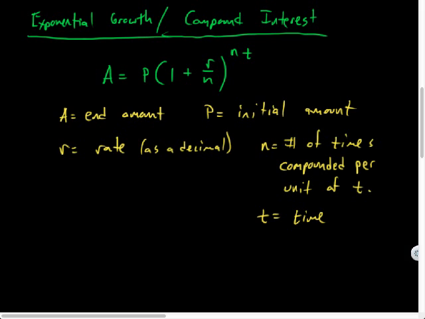So if it compounds, say, daily, I see what you're saying now. If my interest compounds daily, then n would be 365, where t is the number of years.